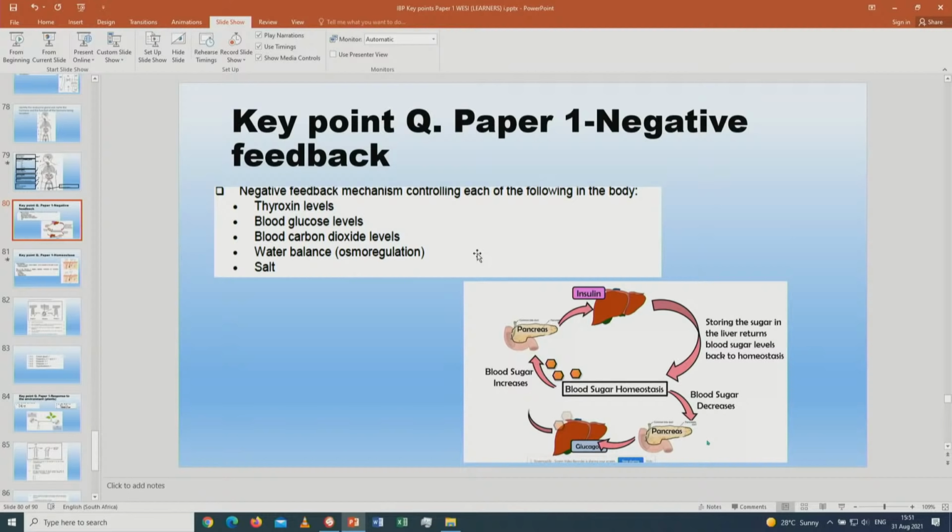And then again, we also have these 5 negative feedback mechanisms: thyroxine levels, which is new in grade 12, and then blood glucose levels. Drill this one because we also did it in grade 11. Blood carbon dioxide, you also did this one. Water balance, drill, revise, and then the salt.